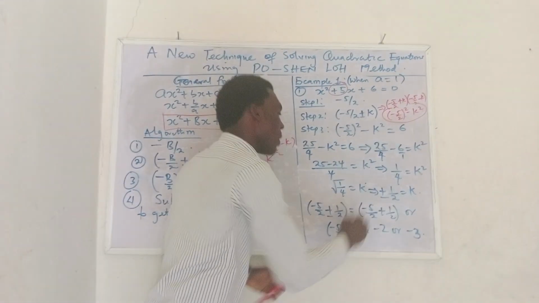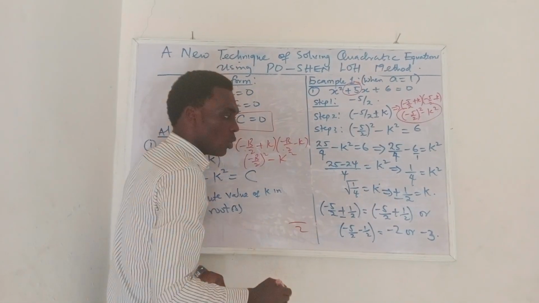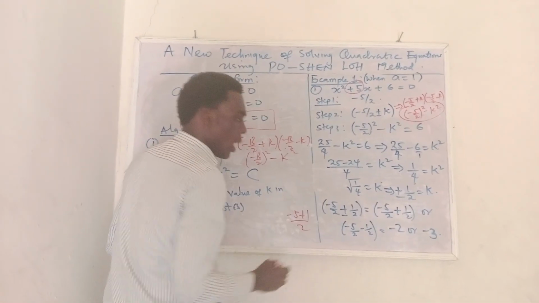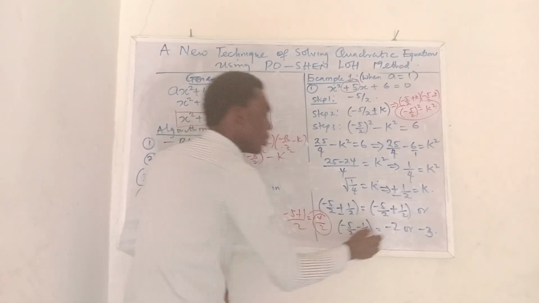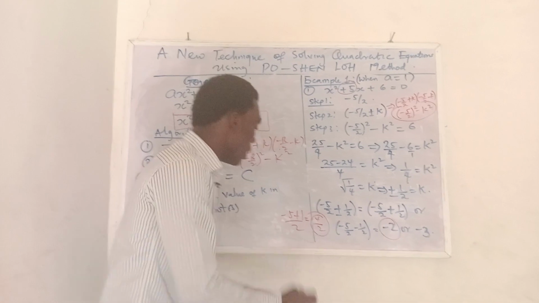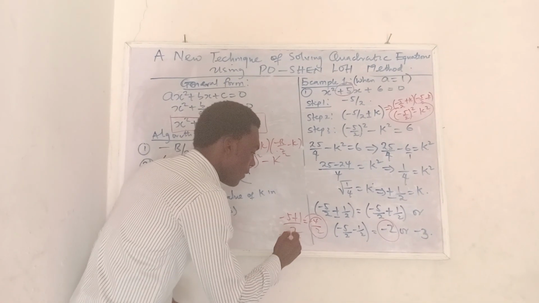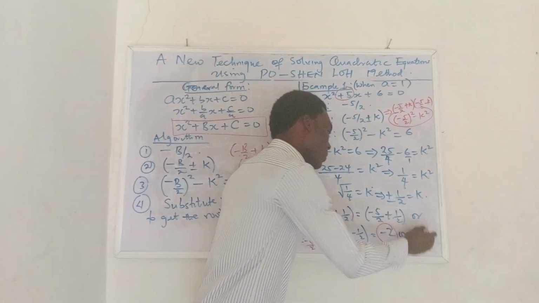And if we solve this using our LCM, which is 2, that's minus 5 plus 1, and at the end of the day we have minus 4 over 2. So this gives us minus 2 for the first one. And for the second one, we do the same thing: minus 5 minus 1, which is minus 6 over 2, and at the end of the day we'll have minus 3.